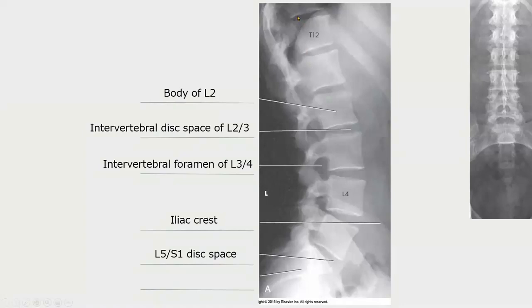And as we go higher, the divergent beams make them narrower. But because of how well it's positioned, we're pretty good on all of the disc space. But note on L5S1, we see the anterior portion, the separation in the disc, but as we go posteriorly, we don't. That is because of the divergent beam.